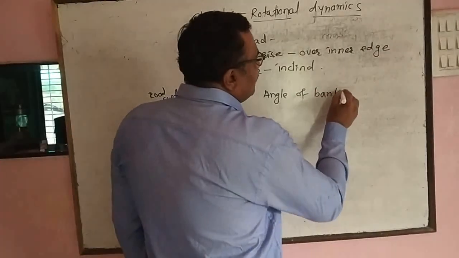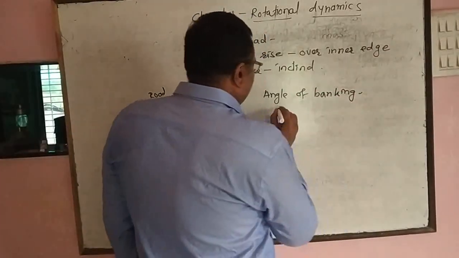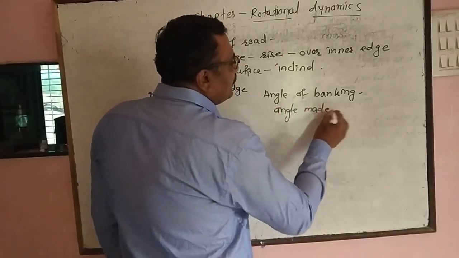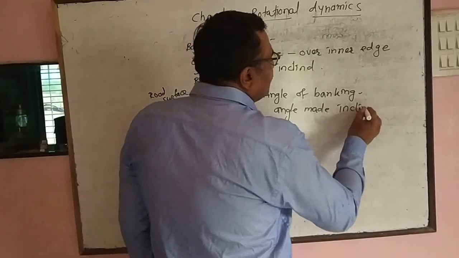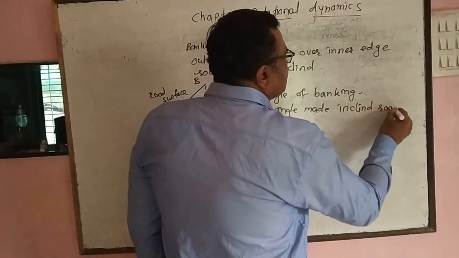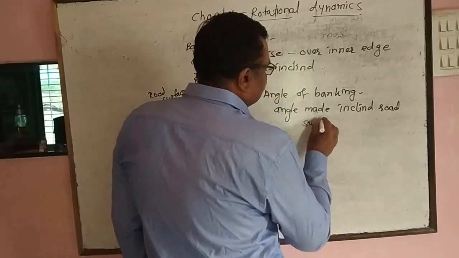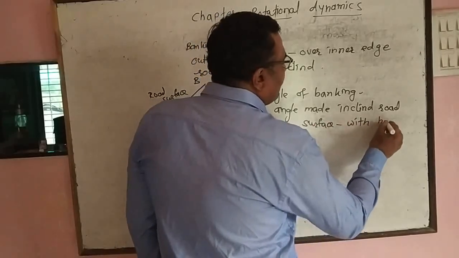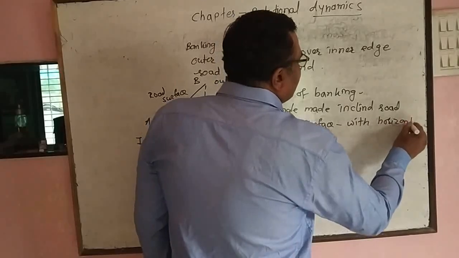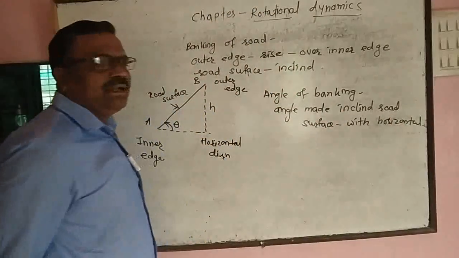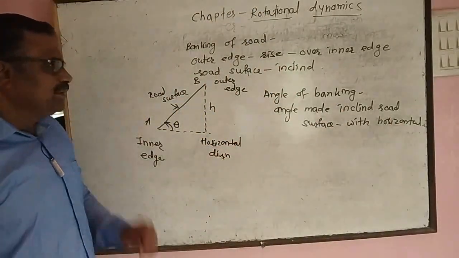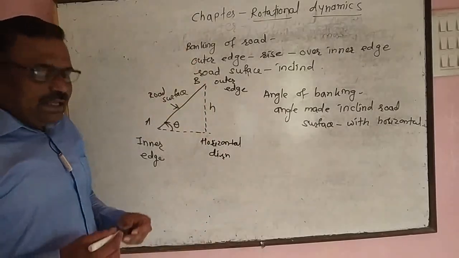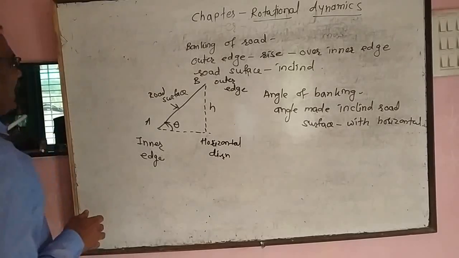The angle made by the inclined road surface with the horizontal is known as the angle of banking, and this angle of banking is denoted by theta. Now we calculate the expression for the angle of banking.